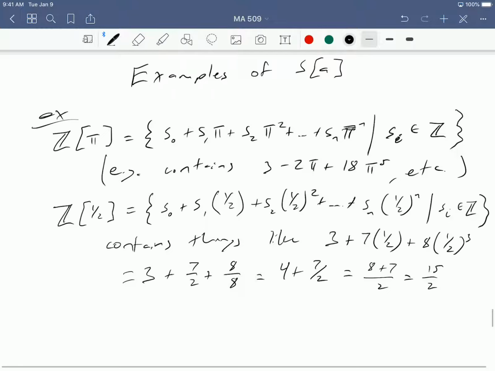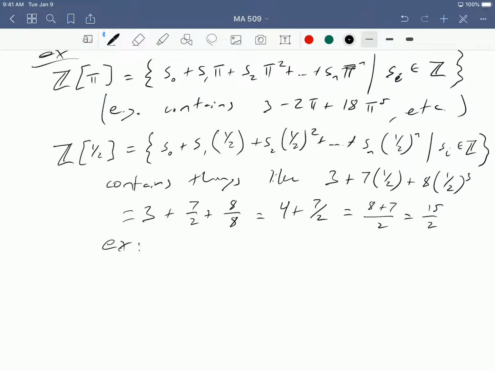So let's think about all the things that would be in here. Let me try another example of something that's in that set. Something like -1 plus 3 times 1/2 squared plus 5 times 1/2 to the fourth.